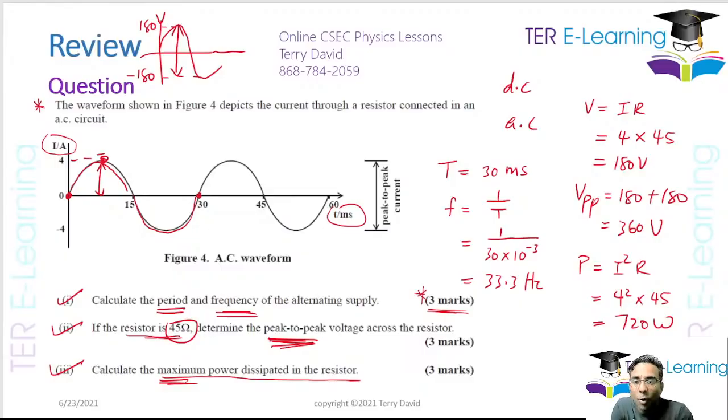So if you take 4 and multiply by 180, you should get the same answer. But really and truly, the formula we should be using is I squared R. So these are the kinds of questions that can come on AC currents.